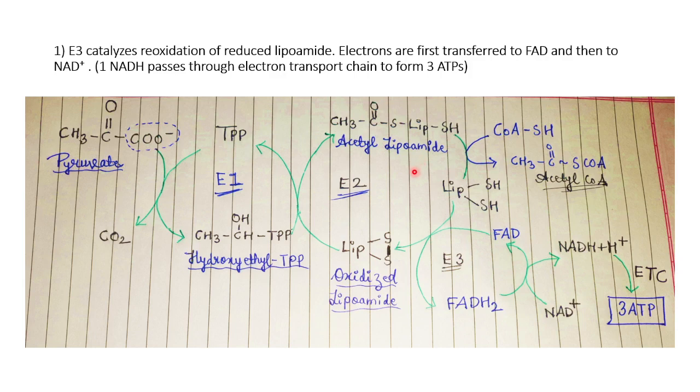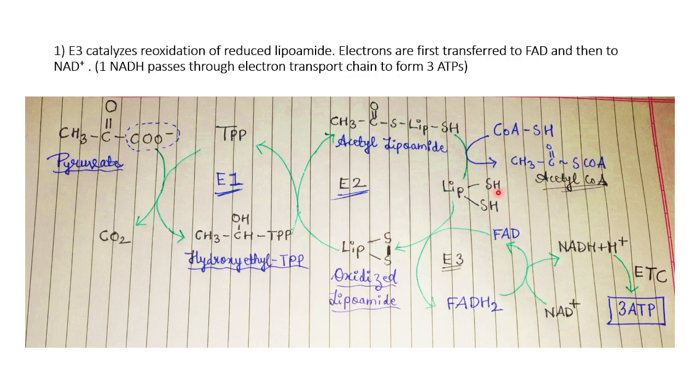So for this to occur, initially the lipoamide should be present in oxidized state. Therefore, we need to reoxidize this reduced lipoamide to oxidized lipoamide, so the next cycle of pyruvate oxidation can occur.